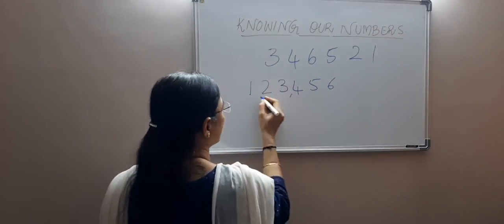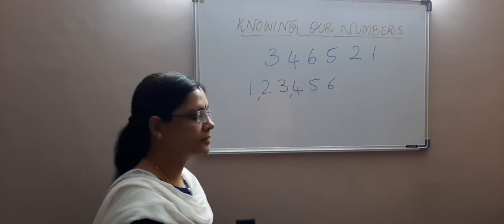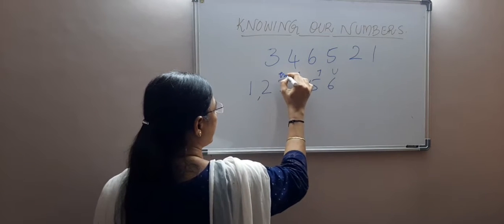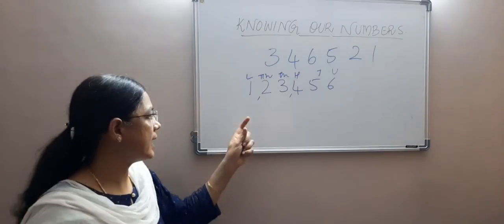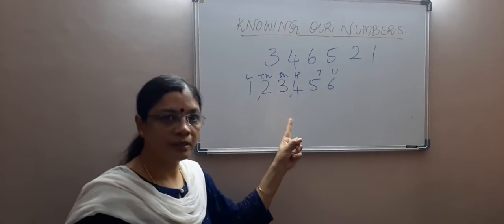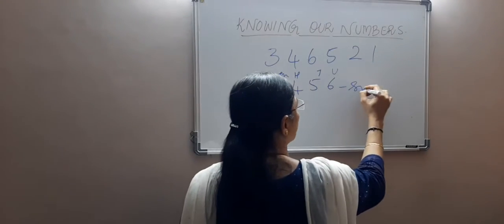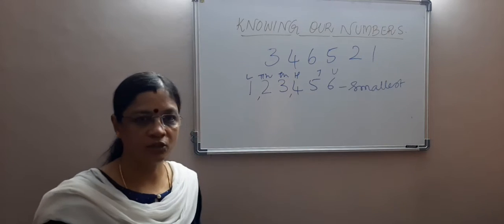Now let us name it. Put commas according to the Indian system: first 3 digits and then 2 digits. First I write the place values, and then I name this as 1,23,456. So this is my smallest number which can be built out of these 6 digits.